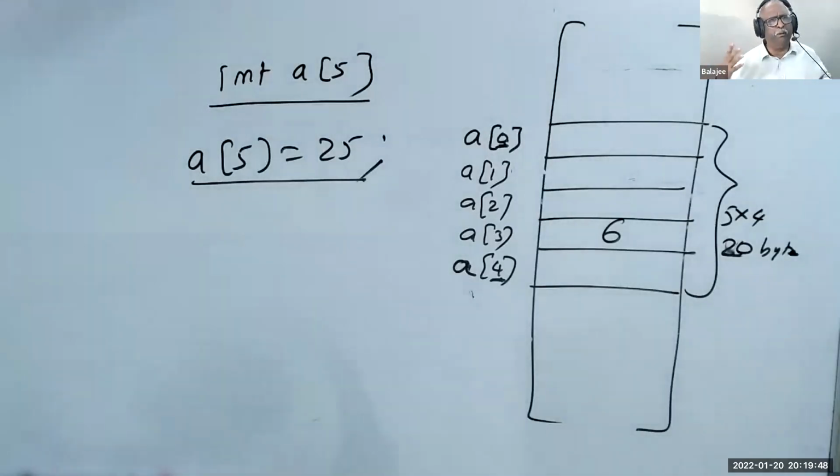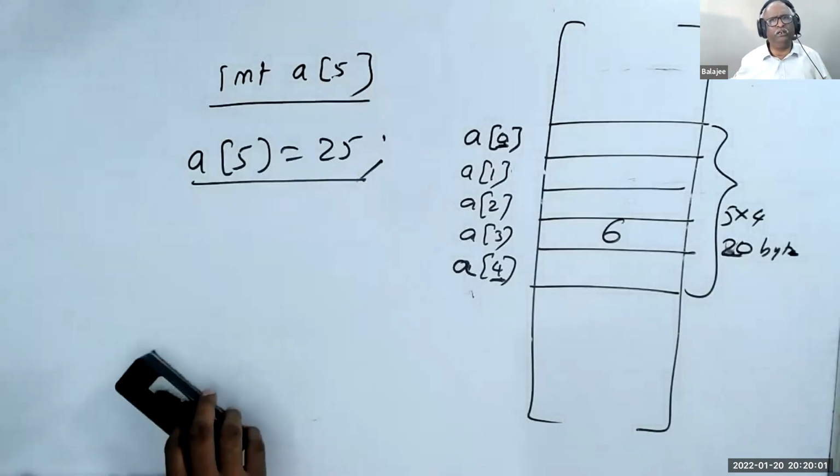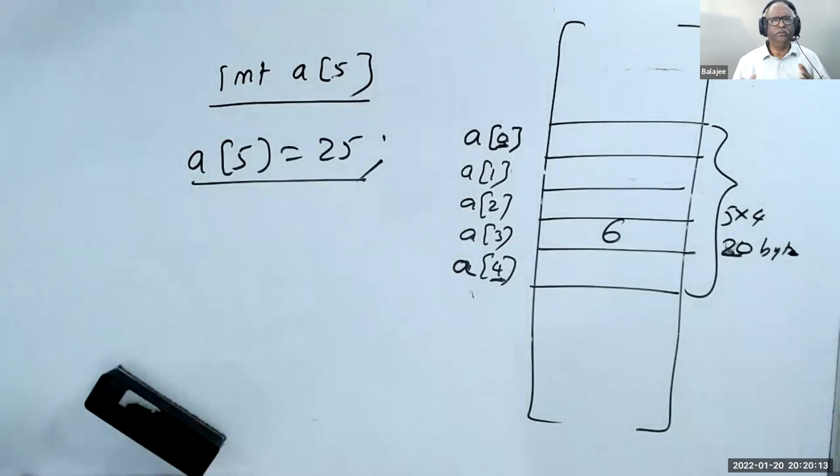Even big people, those who write thousands of lines of code, 10,000 lines of code, make this mistake by accident. They declare 5 and write 5. You will never know how it will behave. Is it clear now?